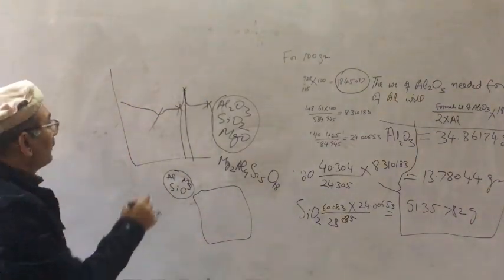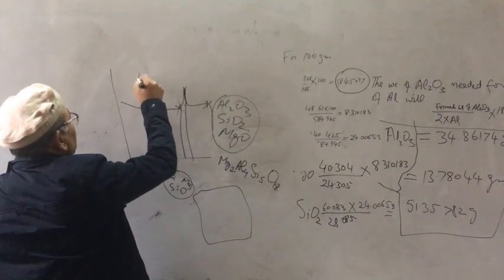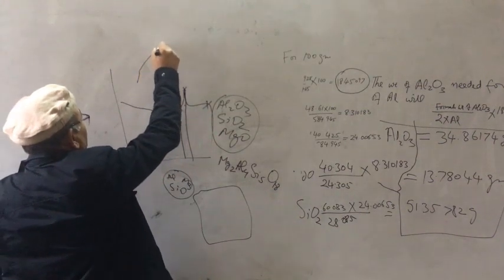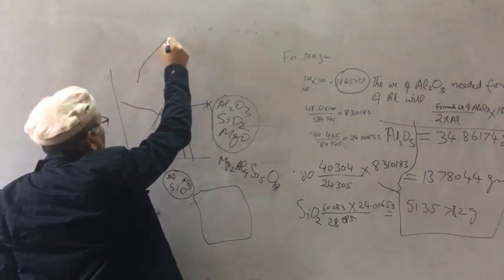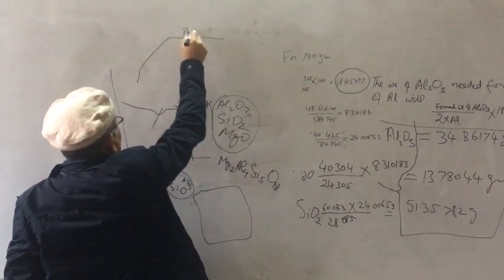What happens in a furnace? In a furnace, you start from room temperature and take it to the desired temperature, for example, like this. Then you keep it like this. For example, this is the peak temperature.